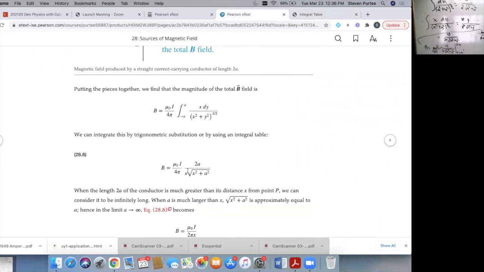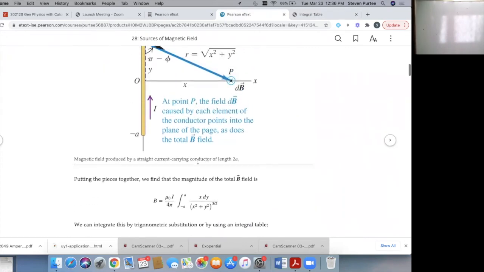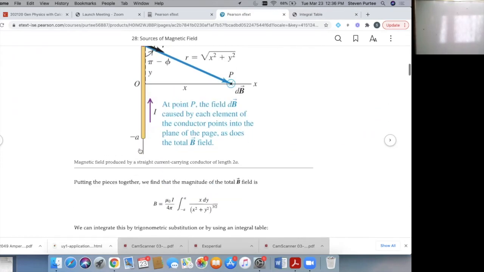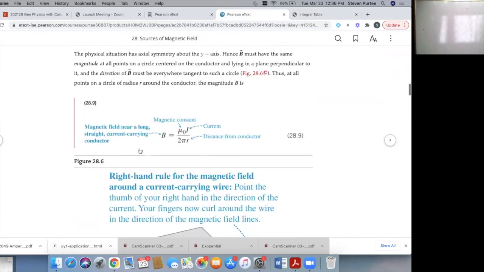So your book just jumps straight from here to here. I thought it was important to go through those details. So here's the magnetic field caused by a finite line of charge that's 2a long, a distance x away.